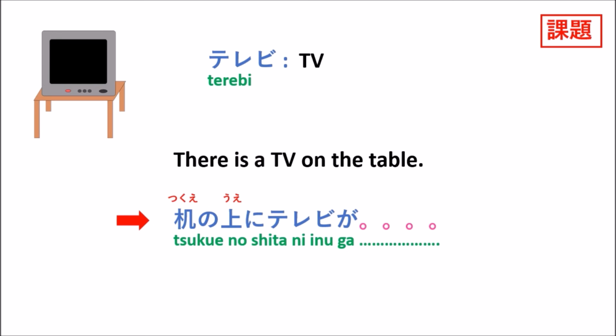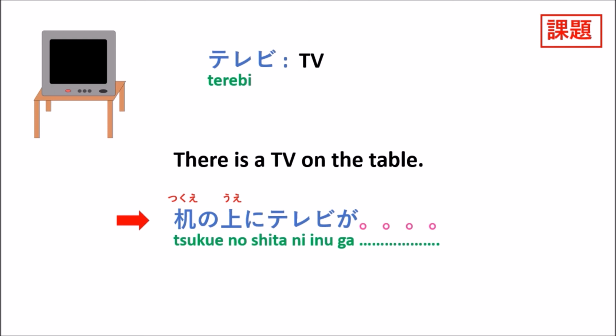And next, now it is your turn to do the exercise. Here we have a television on the table. If I want to create a sentence like, there is a TV on the table, how do I create the sentence in Japanese? Here they say tsukue no ue ni terebi ga something.